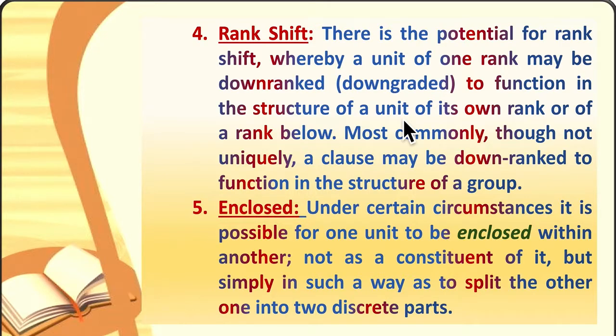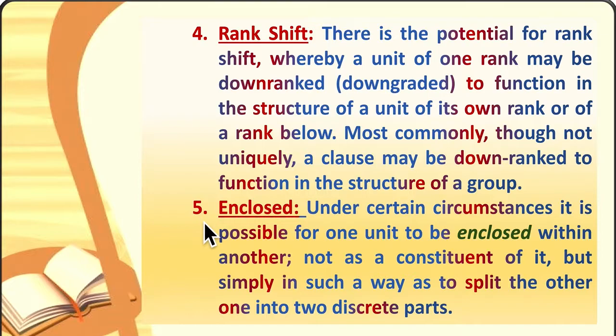Within the large segment, it further goes down to the smaller one, then further down to the smallest one, till we reach the last indivisible segment of the text. That is the point here. What we call rank shift means we keep on shifting the rank, we keep on shifting the constituency, the level of unit. That is the point.